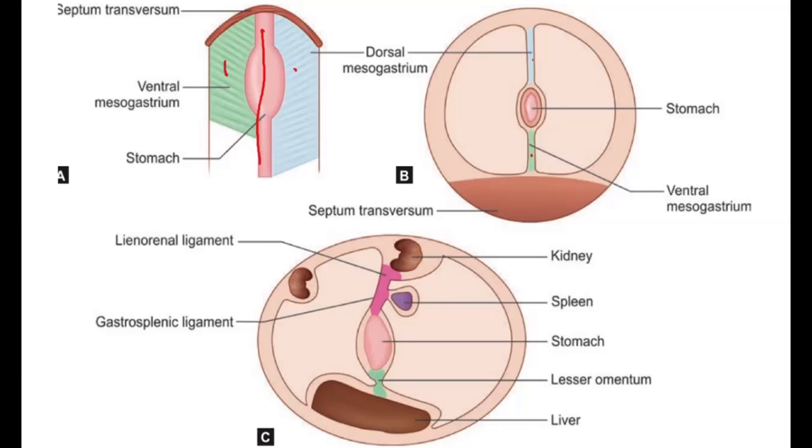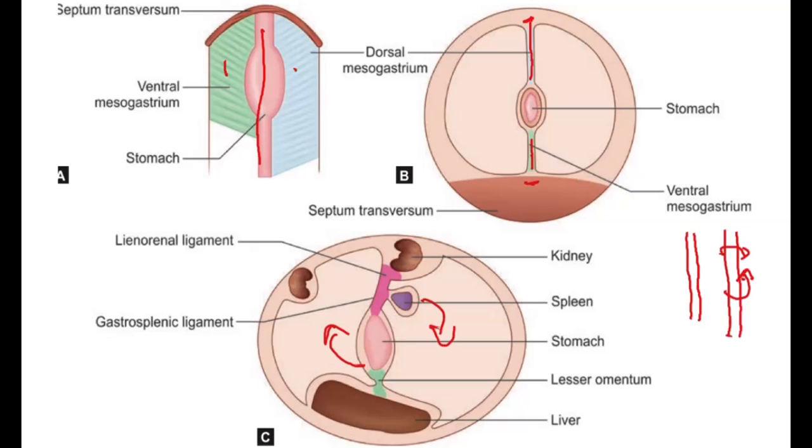So how the stomach forms: this is the primitive stomach and it becomes elongated and rotates on its own axis, clockwise. So what happens, the stomach is attached to the posterior abdominal wall and anterior abdominal wall by mesogastriums, mesenteries.